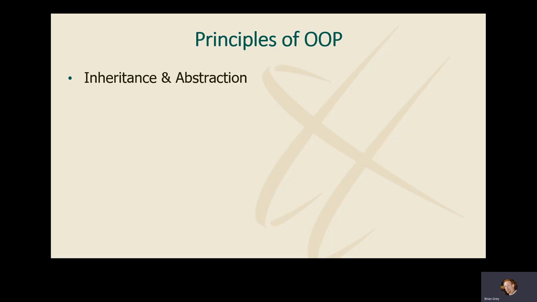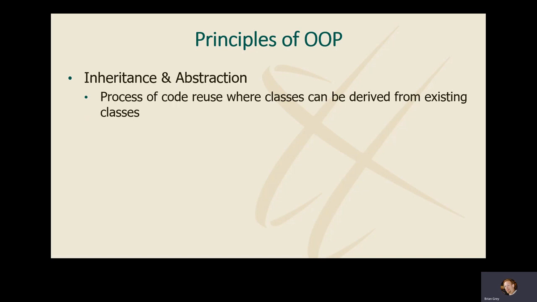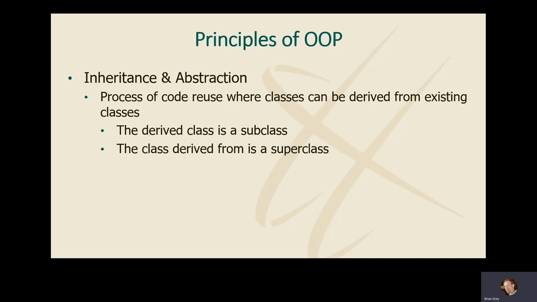And these are separate but highly related concepts, where inheritance is the idea that you're going to reuse code based off of another section of code, another object, right? An existing class. And we're going to use different terms, right? If I say a program is a subclass of another program, the derived class is the subclass, and the class derived from is the superclass.